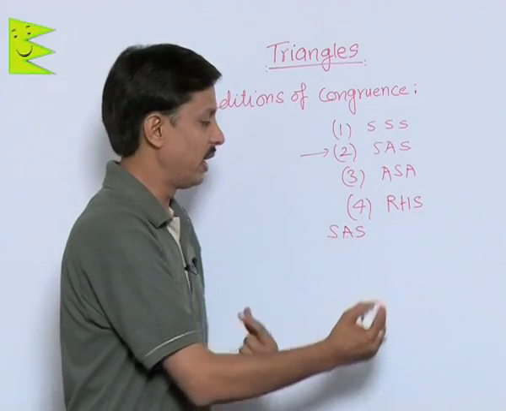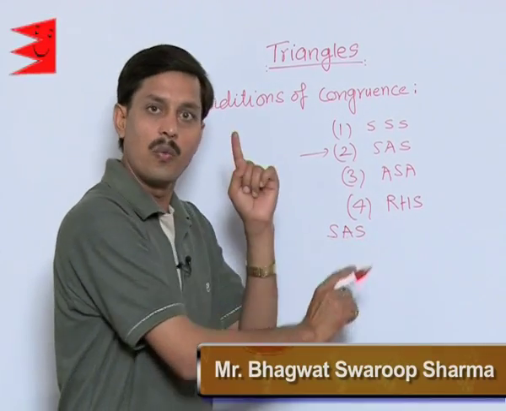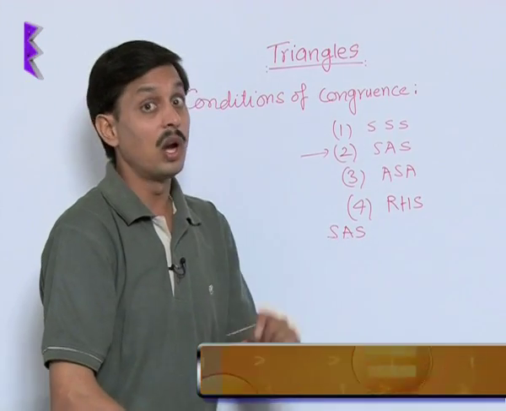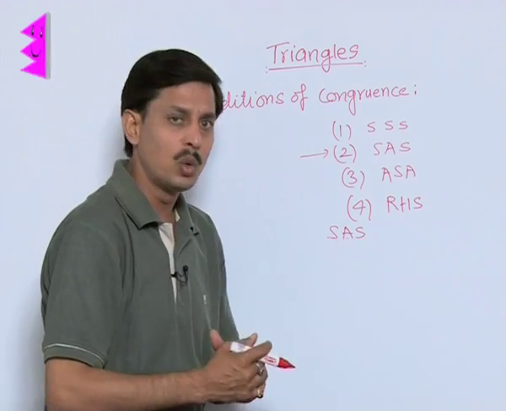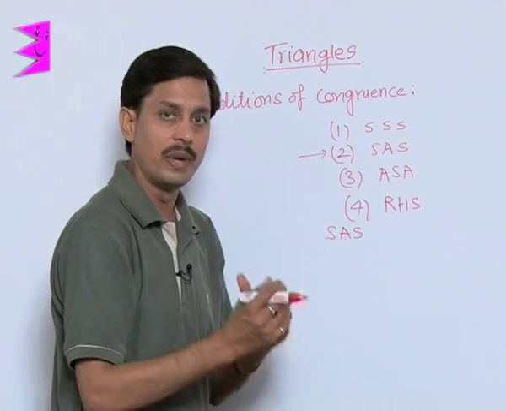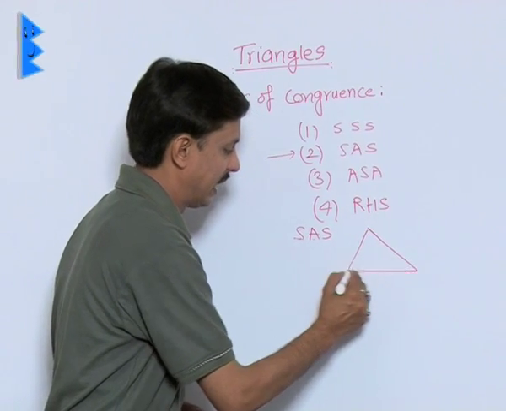So the rule is: if 2 sides and the included angle of the first triangle are equal to 2 sides and the included angle of the second triangle, then the 2 triangles are said to be congruent by the condition SAS.